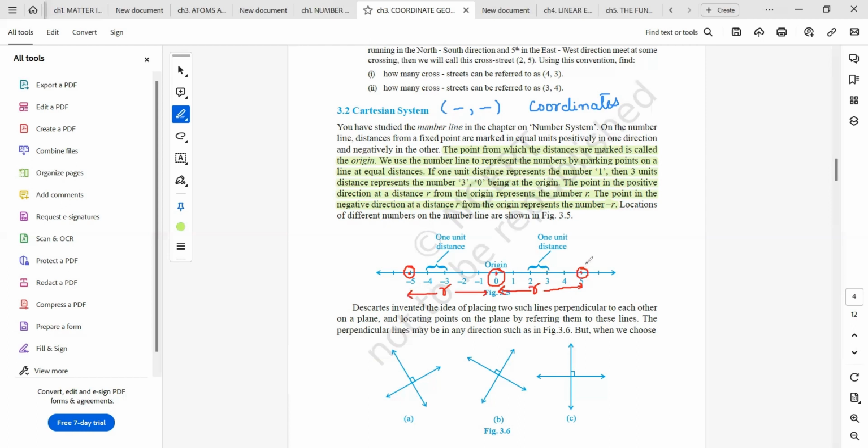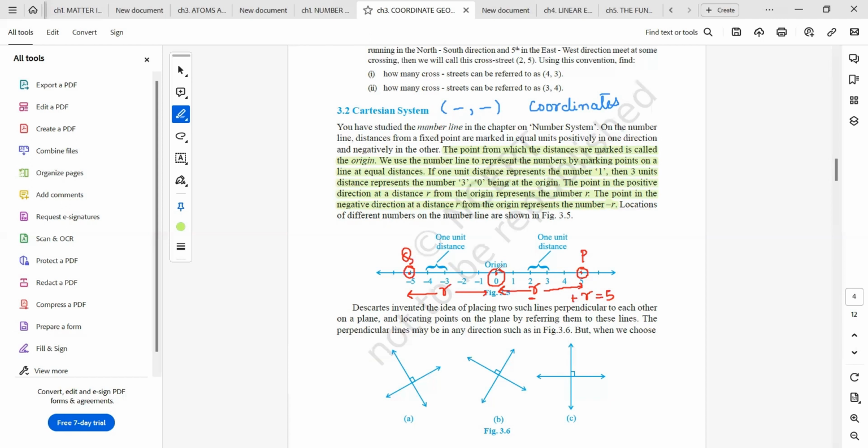Now, say this point is P and this point is Q. So how much will this r be? I have traveled from 0 to 5, so the value of this r will be 5. And because I am traveling towards the right-hand side, this is a positive r.